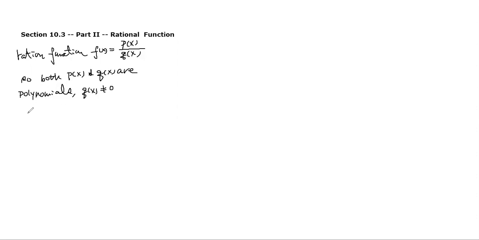So in here, we have a few characteristics about the rational functions, and we're going to talk about several. First, we're going to talk about what the vertical asymptote is.